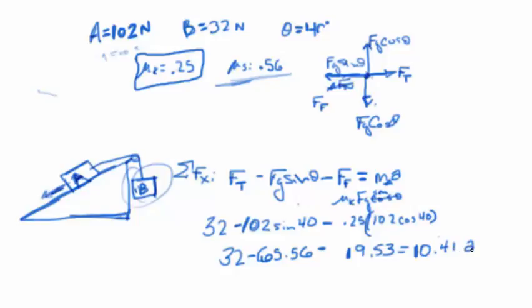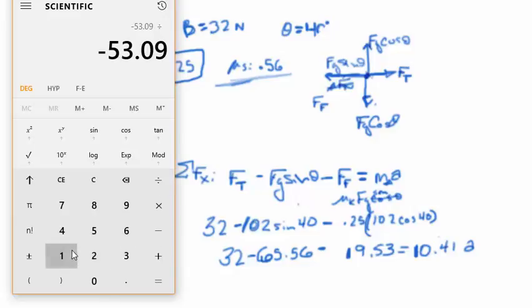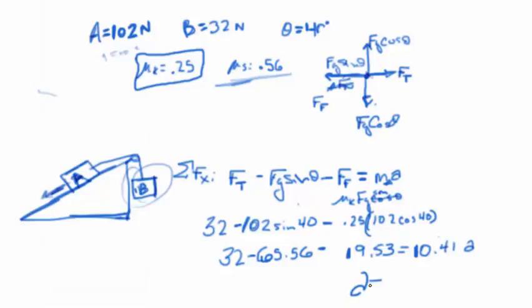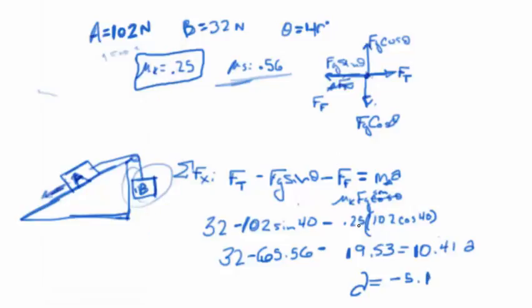So we get 32 minus 65.56 minus 19.53 divided by 10.41 gives us an acceleration of negative 5.1. Oh yeah, that's 0.1. Works for me. Meters per second squared.